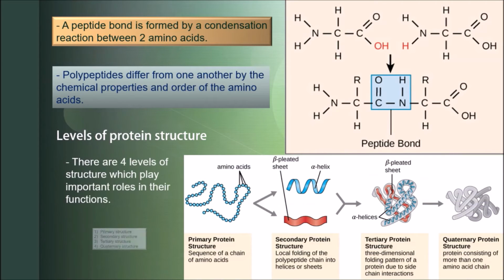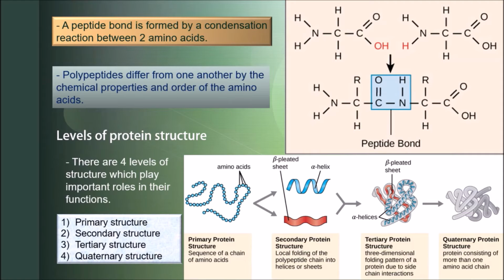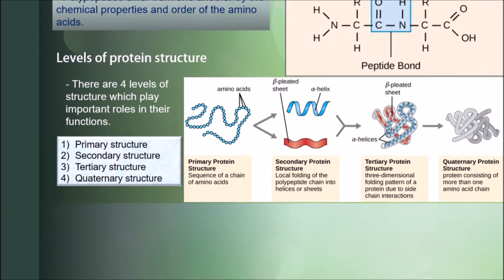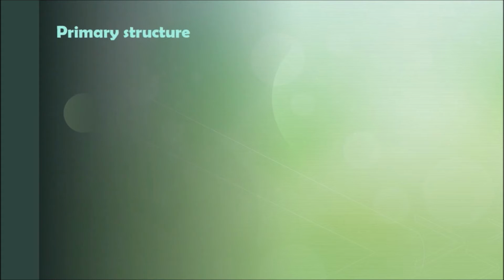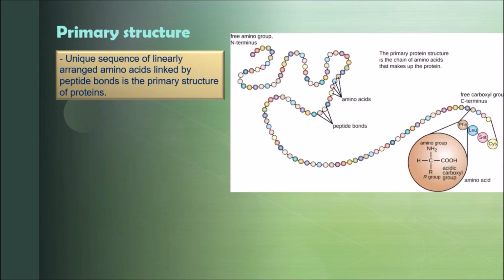Levels of protein structure. There are 4 levels of structure which play important roles in their functions: primary structure, secondary structure, tertiary structure and quaternary structure. First one, primary structure. This is the simplest level.